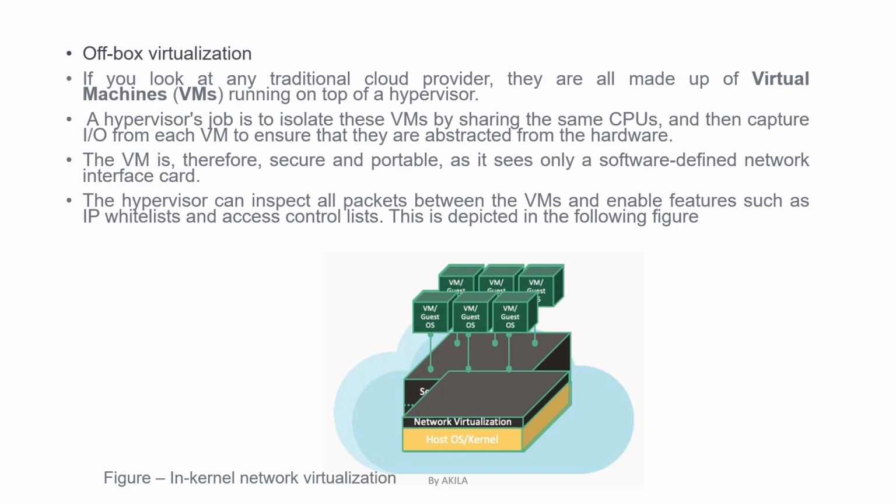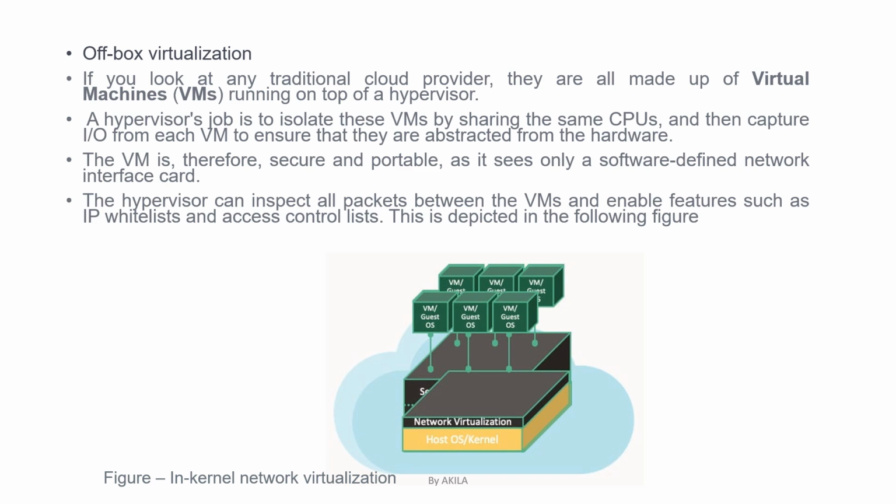Here in this figure it is given. This is the host OS, network virtualization. Then this is SDN, and upon that, the guest OS is there to run any application. The hypervisor can inspect all the packets between the VM and enable all the features such as IP allow lists and access control lists.